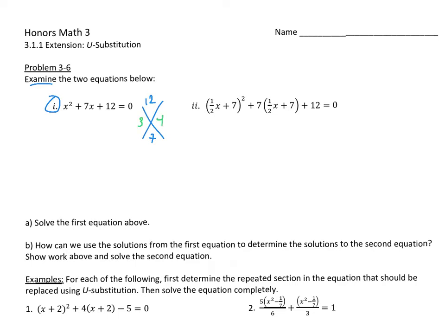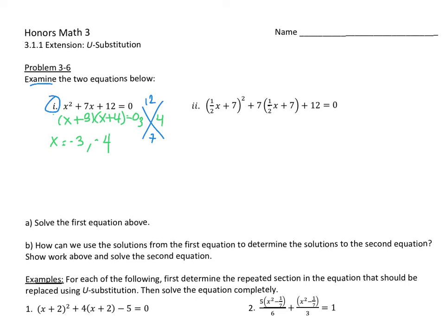So my two factors are x plus 3 and x plus 4 equals 0. From there, I can just set each of my two equal to 0, and that gives me my two solutions of -3 and -4. So I've got two solutions, -3 and -4, to this quadratic equation.